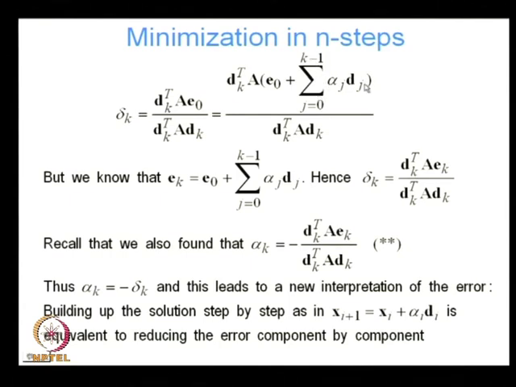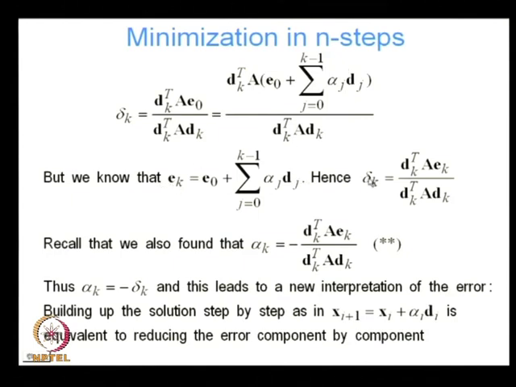Why can I do that? Because if I take the dot product with dk transpose A, that is going to give me 0, because all these directions are A-orthogonal to dk. So, I can write it like this divided by dk transpose A dk, but we have already seen that this expression is nothing but ek.